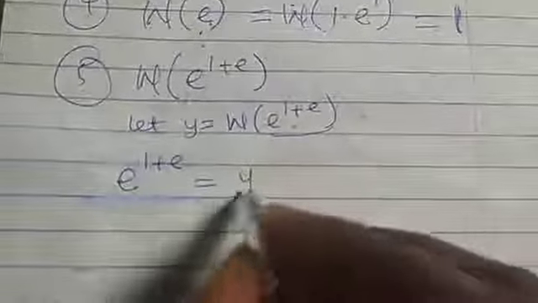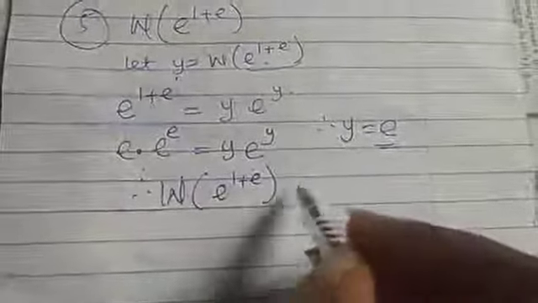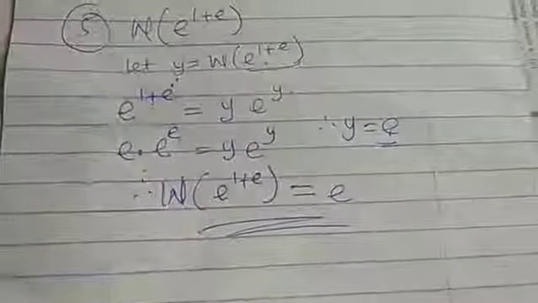So we can say that this is equal to y e^y, which I can write by indices as e times e^e, equal to y e^y. If you compare both sides, you will see that y is equal to e. And we have said that let y be equal to this. So therefore W of this will be equal to y, and our y is e. So that is the answer.